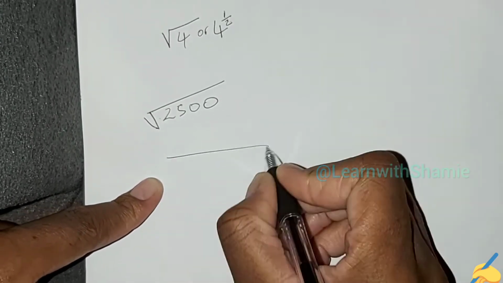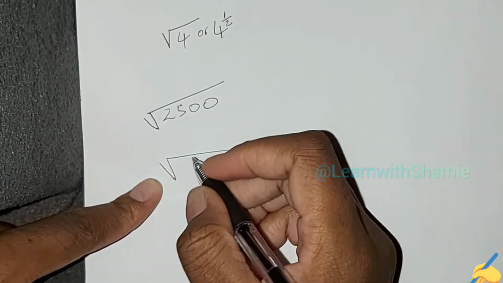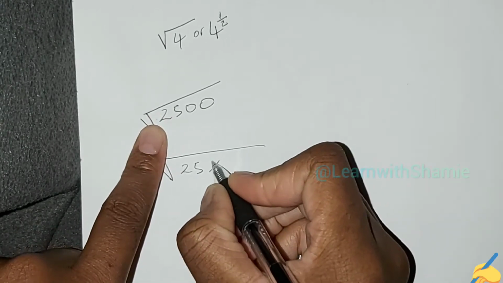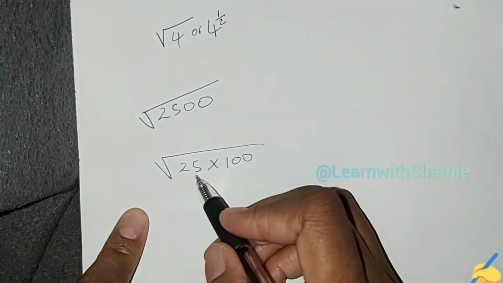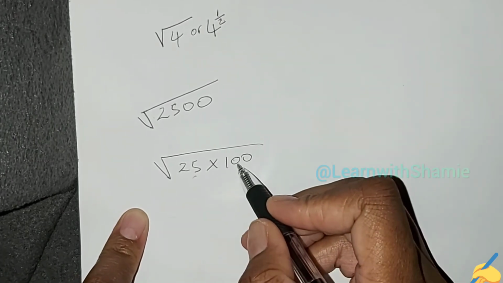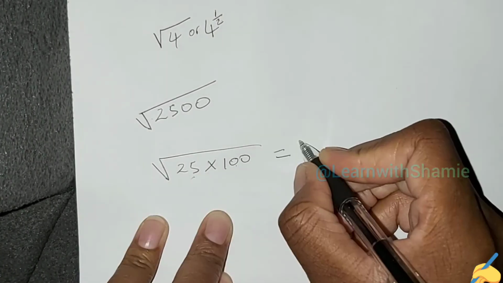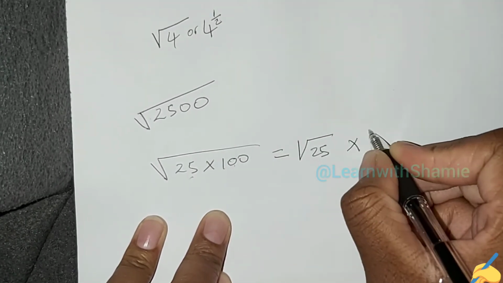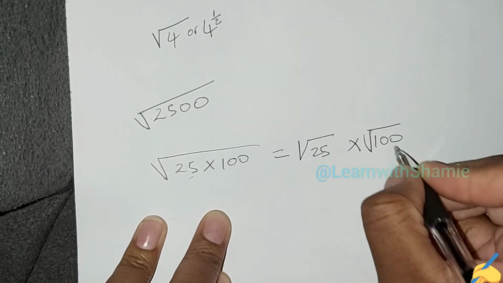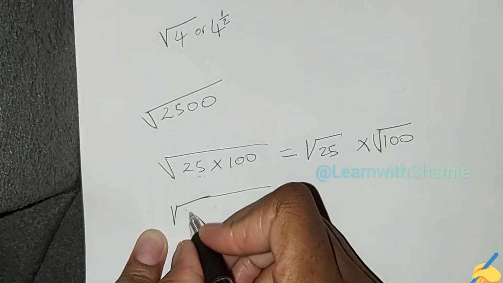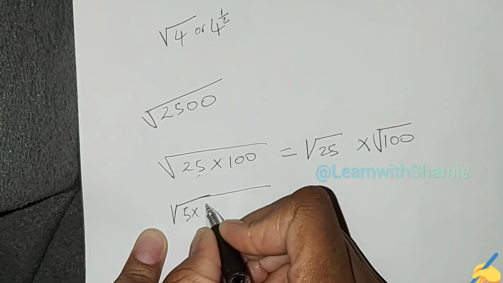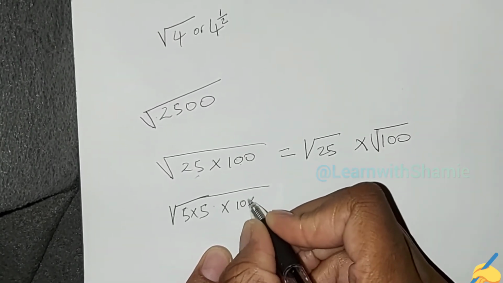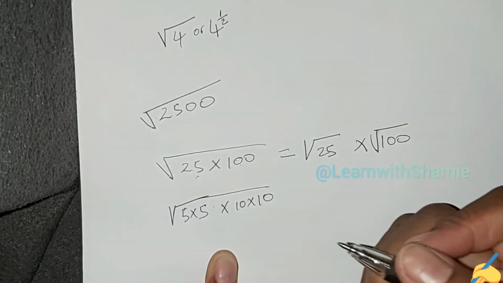So we'd first do this. 25 times 100 would give you 2500. 25 is a perfect square and 100 is a perfect square as well. We'll then write it like this: the square root of 25 times the square root of 100, which would then be written like this: 5 times 5 times 10 times 10.